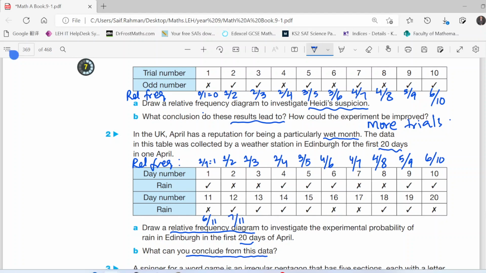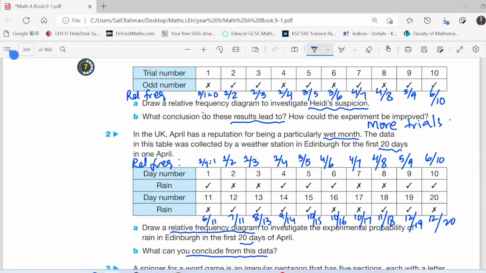For 13th, it is 8 out of 13. For 14, it is 9 out of 14. Then 10 out of 15, 10 out of 16, 10 out of 17, 11 out of 18, 12 out of 19, and 12 out of 20.